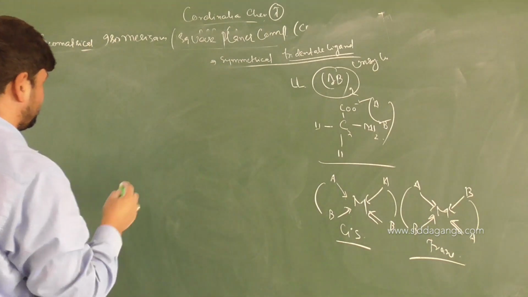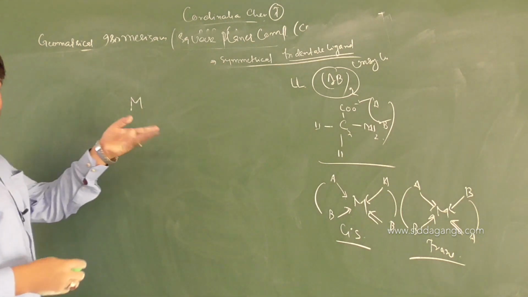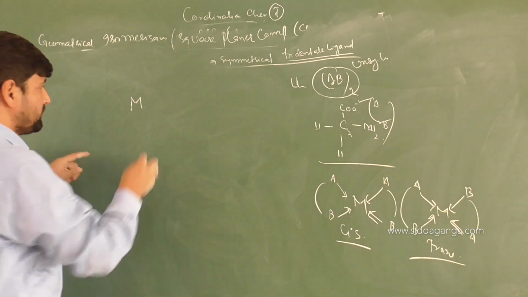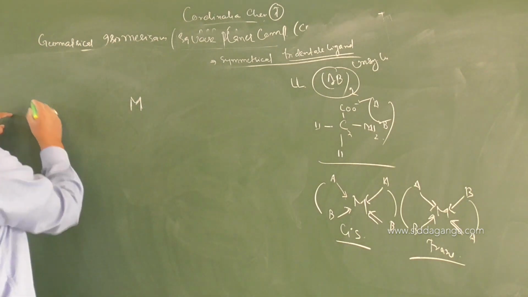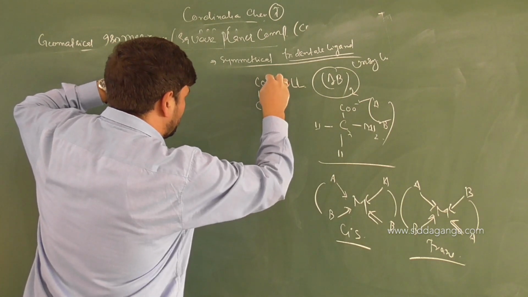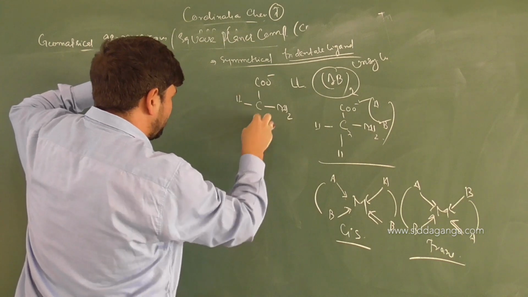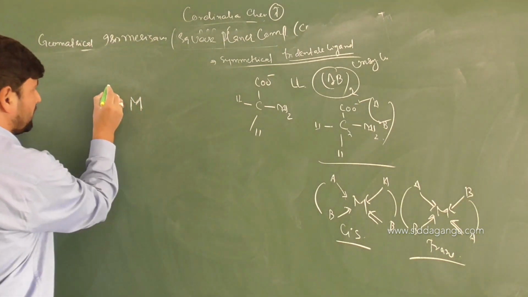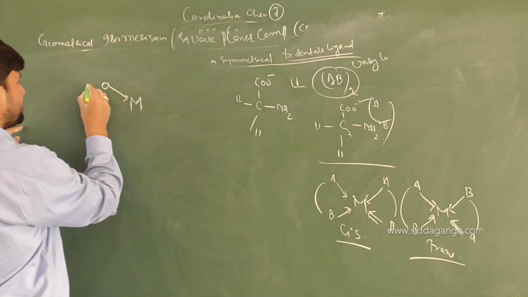With respect to glycine, we can draw that. How? So we have metal atom. Metal atom can be anything here, any metal atom. I am not taking particular metal atoms into consideration. Then we have glycine, which is C, then COO minus, then NH2 donating the electrons, then you have hydrogen and hydrogen. First of all, I will see electron is being donated from oxygen, which is attached to what?